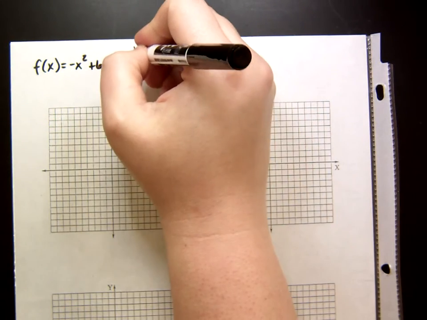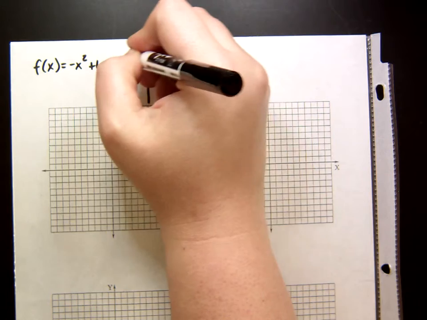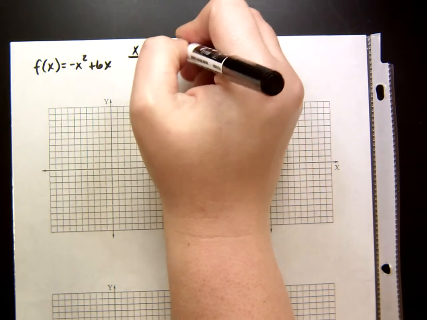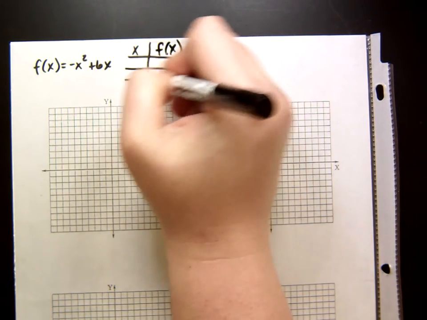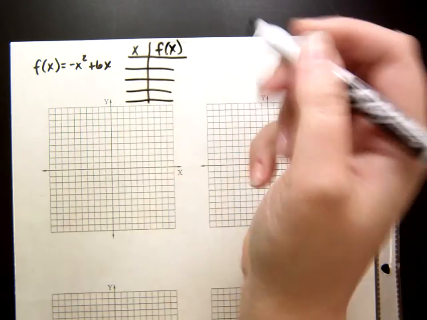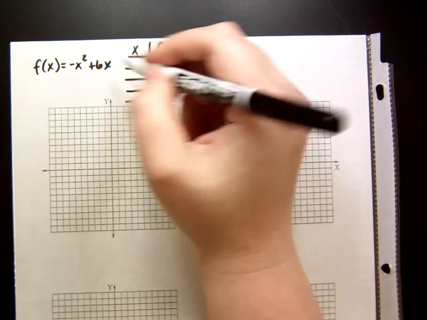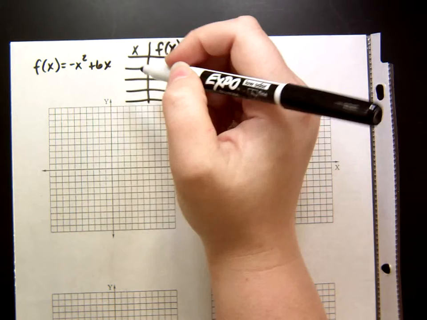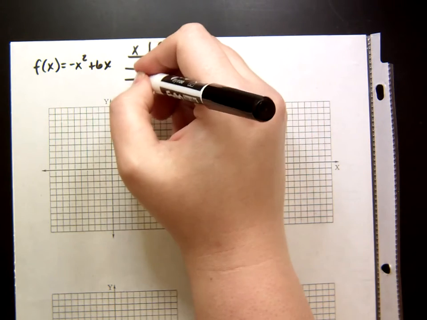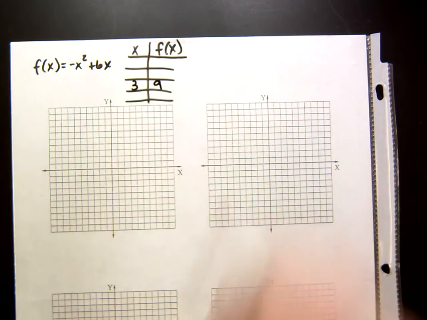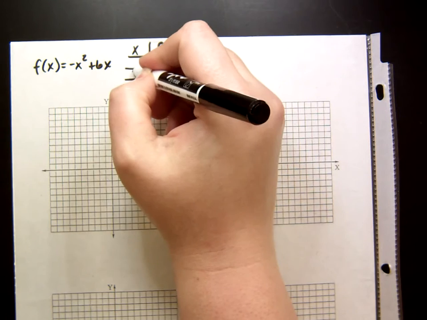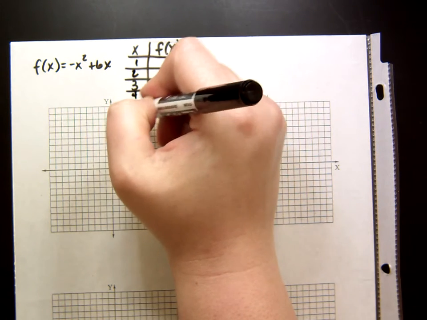What you have to do is make a table of values. We know the vertex already. It's the one we just did, and our vertex was 3, 9. You number down and up from there.